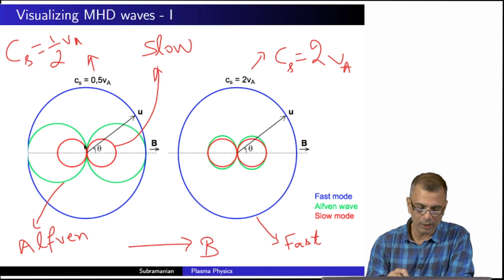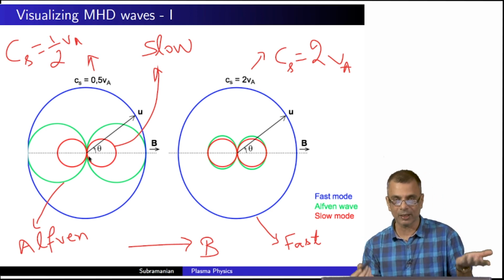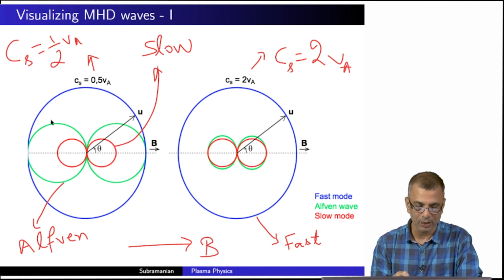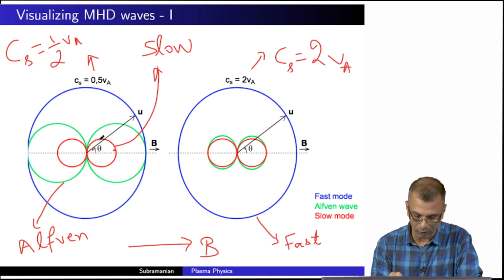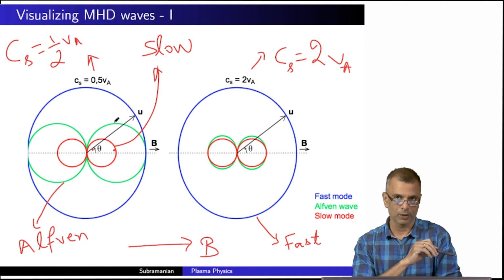Okay, and the Alfvén wave also looks fairly anisotropic. It also seems to have a cosine theta or a cosine squared theta kind of dependence. Okay, and clearly the amplitude of the velocity for the slow mode is smaller than the amplitudes of the velocity for both the fast mode and the Alfvén mode, and that's true here too.